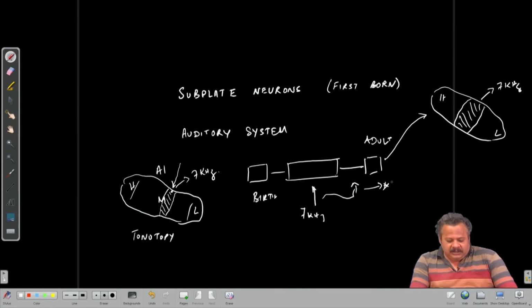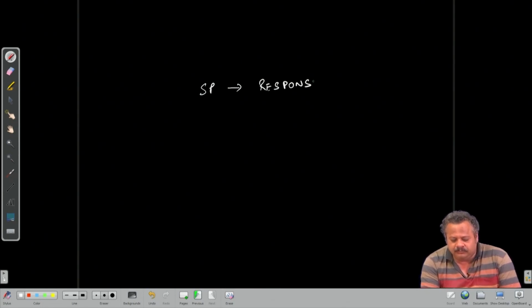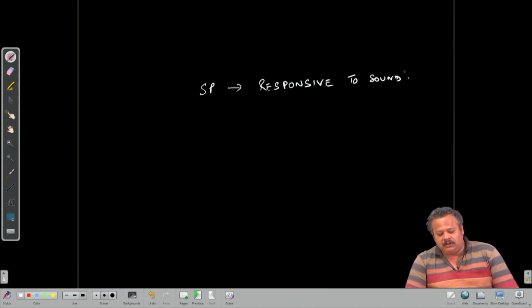So the idea that was pursued by us was that actually at an earlier period, which showed that the subplate neurons are actually responsive to sound and maybe not the layer 4 neuron.